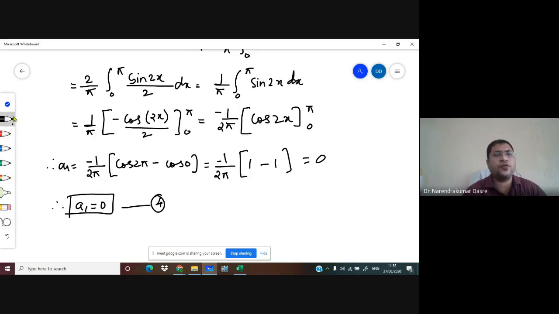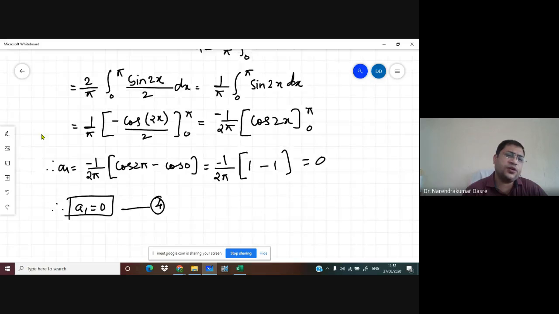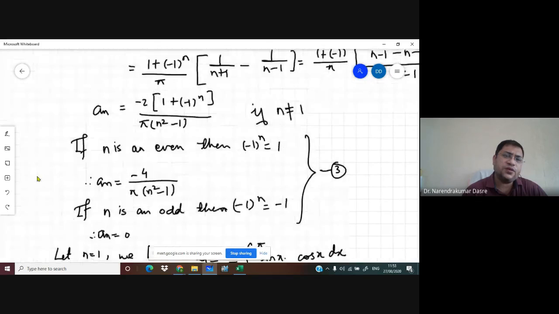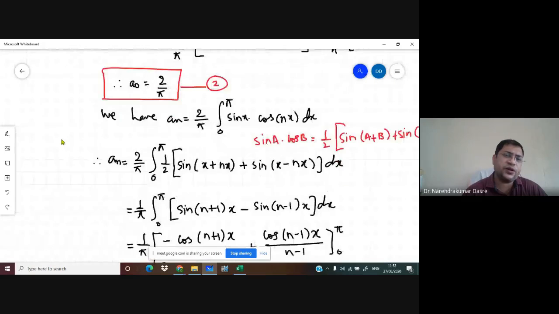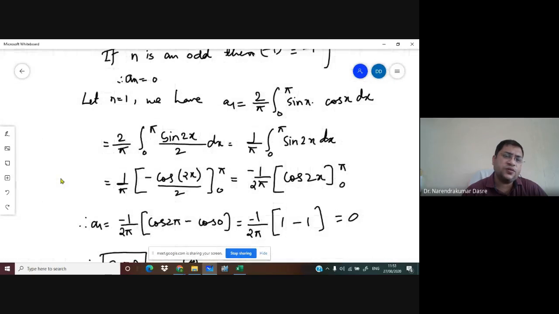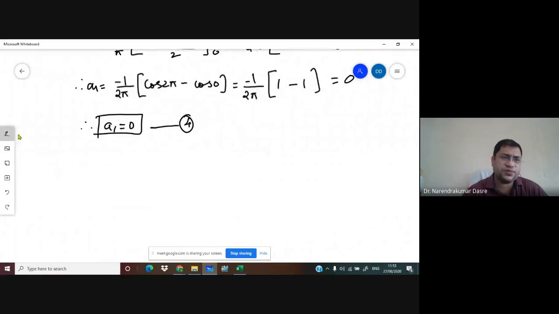This is equation 4. So we got the value of a_n, we got the value of a_0, and hence we are able to write down the half range cosine series.